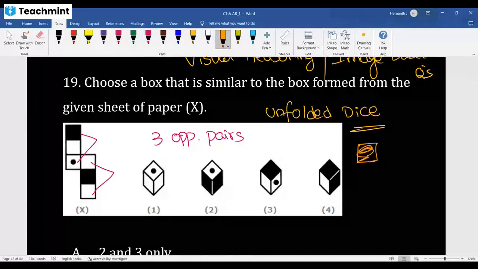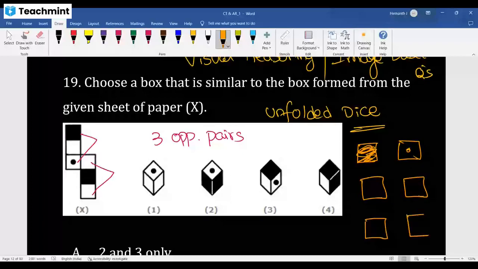So the first is shaded along with a dot, and two unshaded things are an opposite pair. The other is one shade and one empty. Now listen, everybody focus, this is important for the TCS exam also; definitely one question in TCS you can find this way.